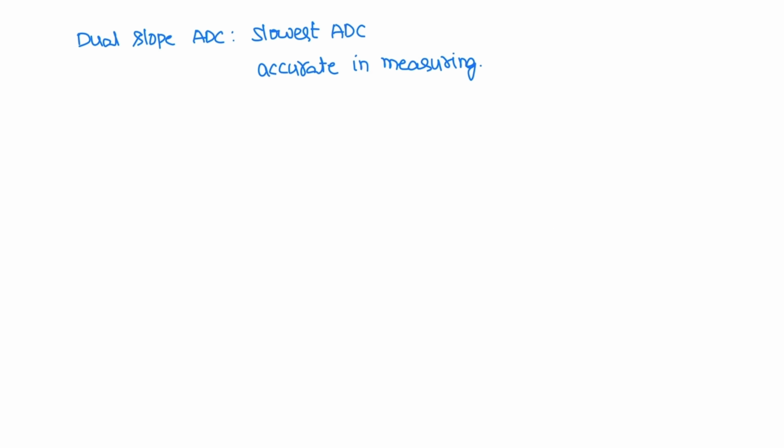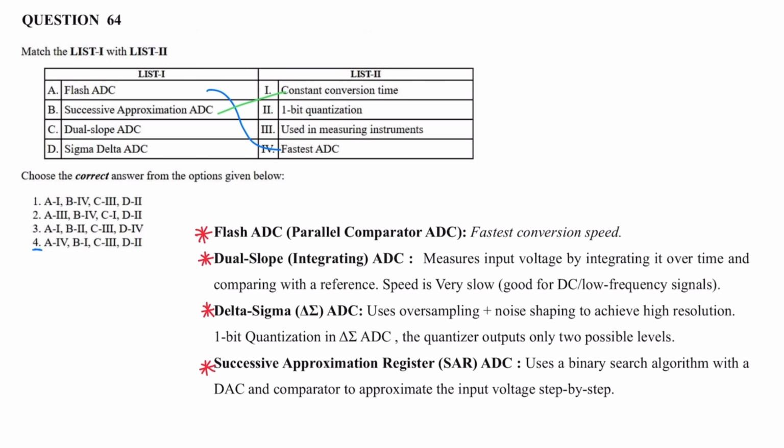Dual slope ADC is the slowest ADC, and it has very good accuracy in measurement. Hence it is used in measuring devices. So C matches to 3.